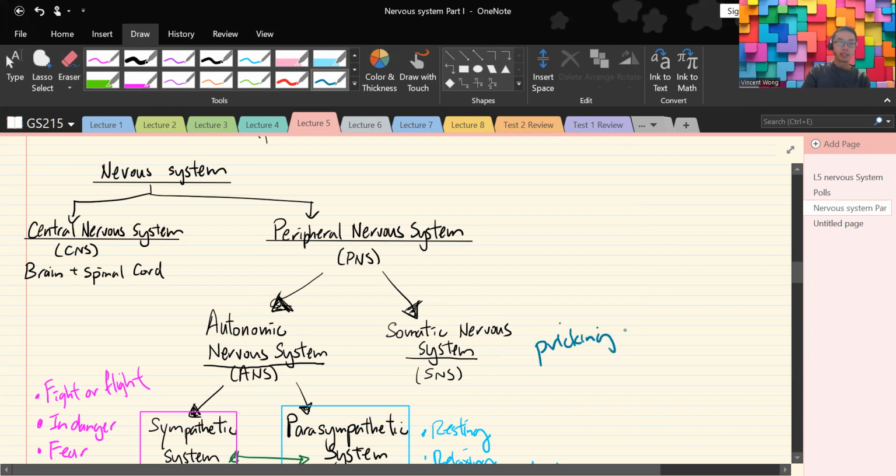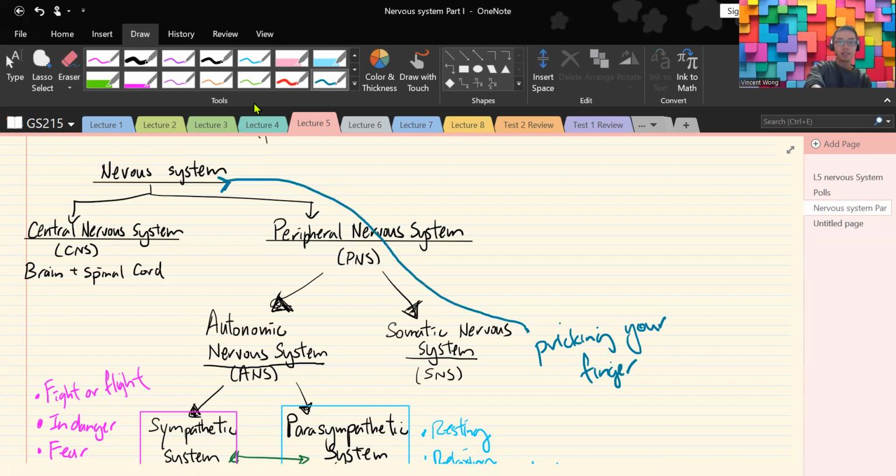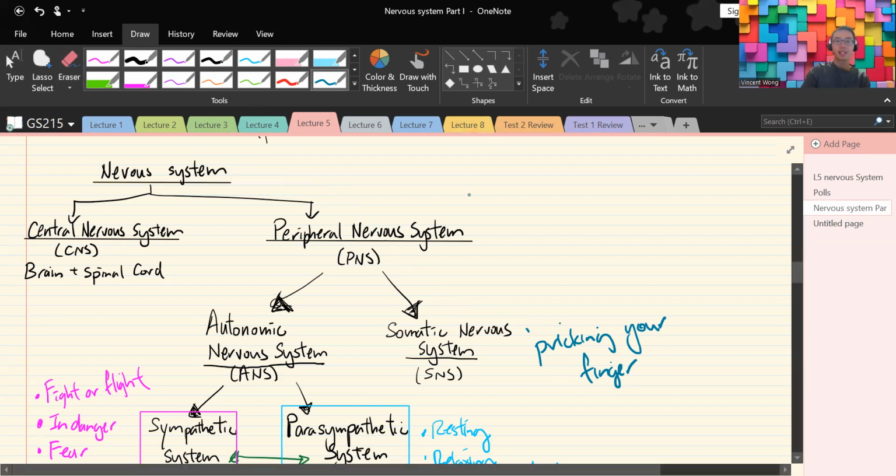Pricking your finger. Okay, so that's going to send a signal through the sensory neuron all the way to your central nervous system.